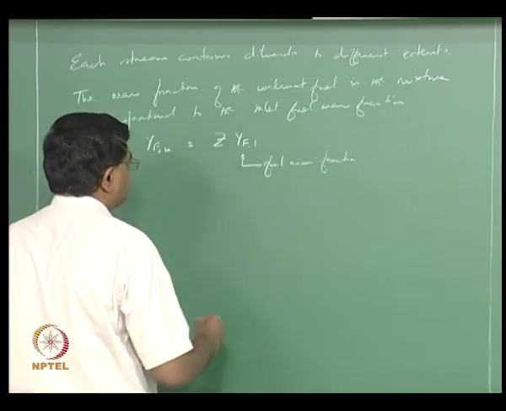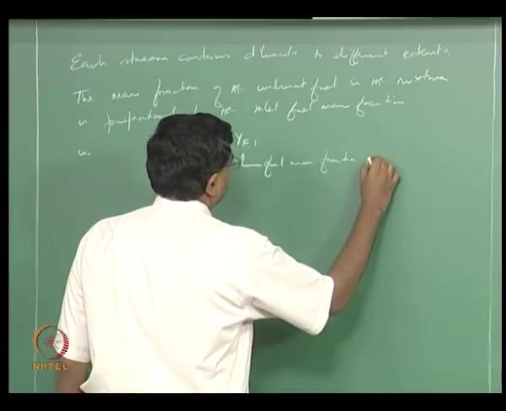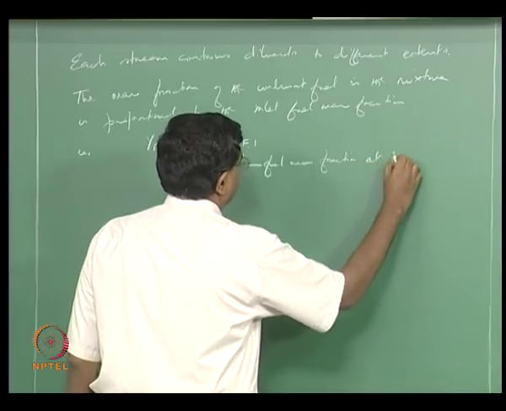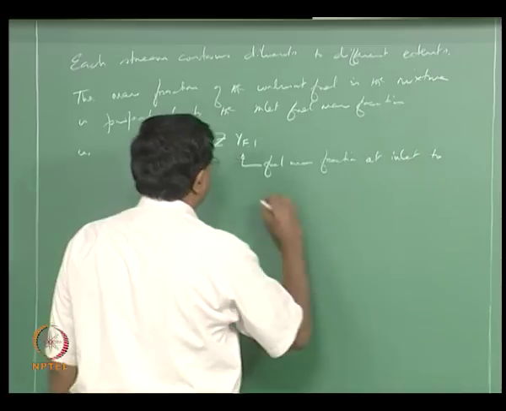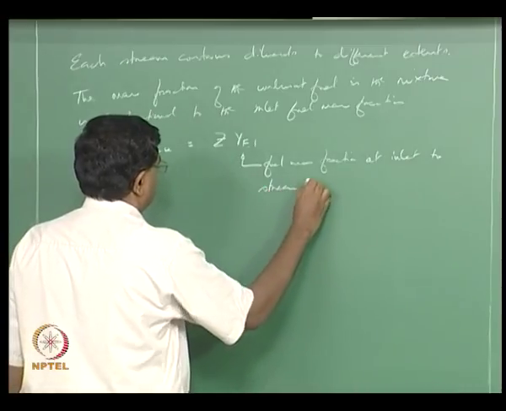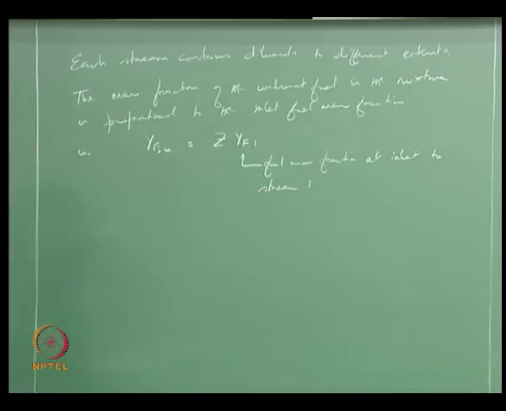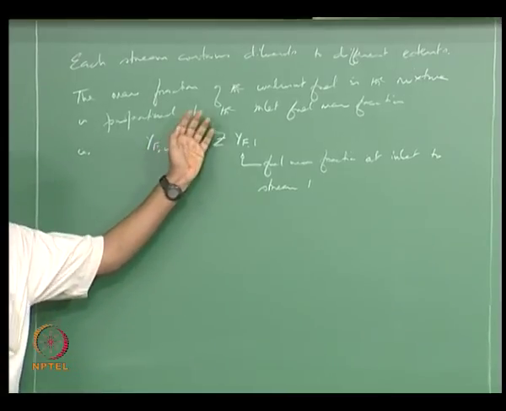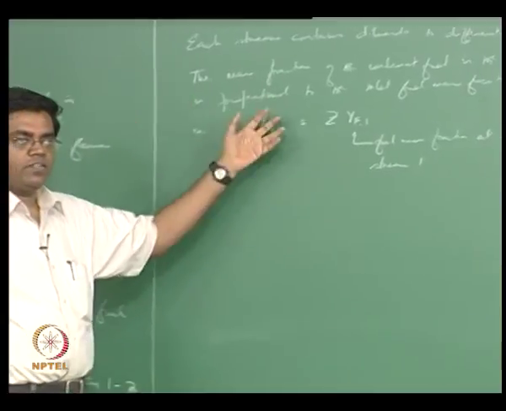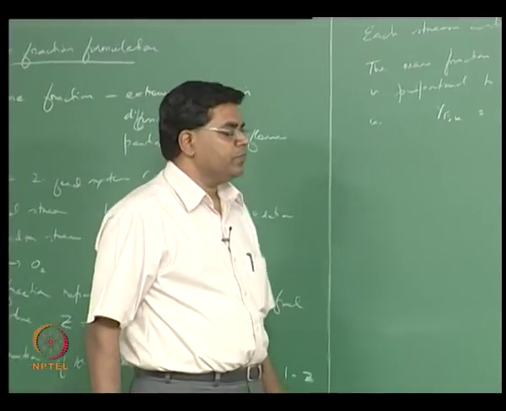at the inlet to stream 1, right. Now previously we were using the symbol YF0 for this purpose. The corresponding oxidizer would be YO0.